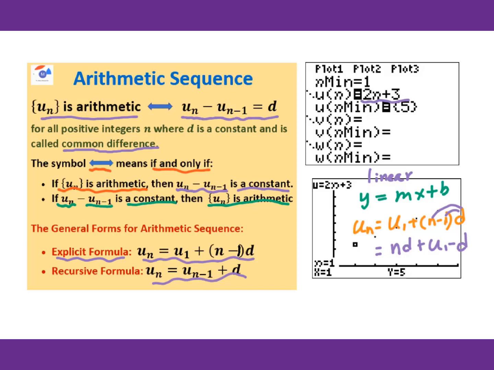Then you compare. N is a variable. For a linear function, x is a variable. Therefore, d equals m. In other words, common difference equals slope in linear function.